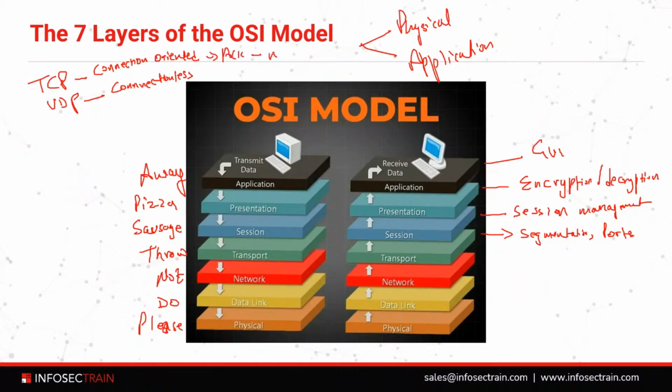That's why it is called reliable, right? Why is it reliable? Because it sends acknowledgement. That means it assures you that your 100% data will be delivered to the target, but it's relatively slow as compared to UDP. UDP is connectionless, no acknowledgement, non-reliable, but fast.